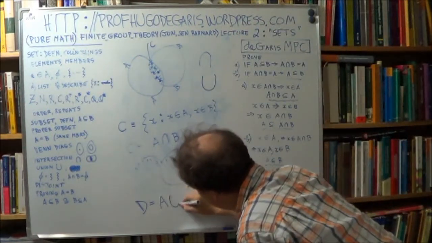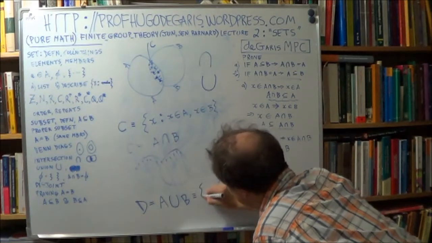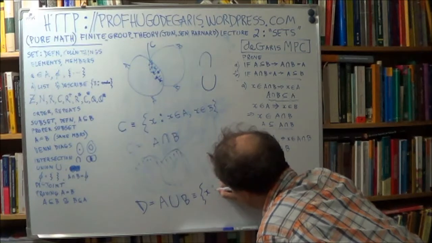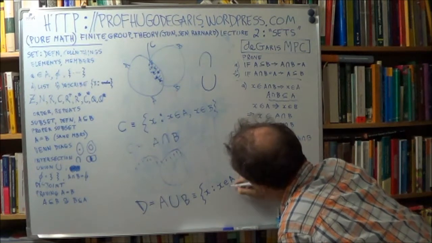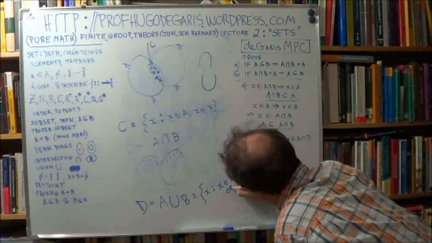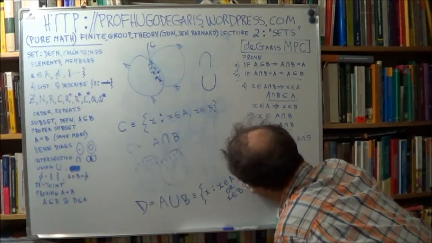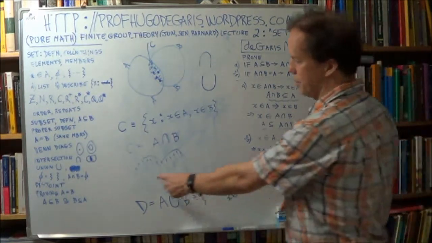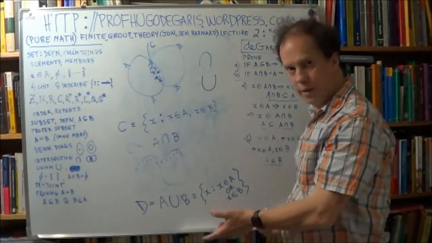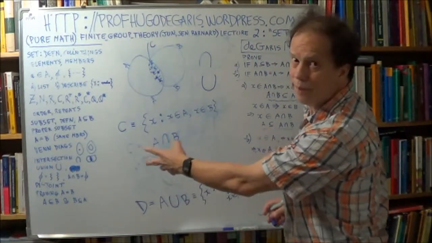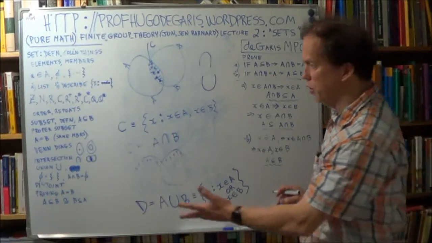So it's written like this. Okay, and its definition, it's the set of elements X, where X belongs to A or X belongs to B. So in other words, it's the set of points in A and B, in either of them. Right? So the or here is critical. Okay, so that's the union.